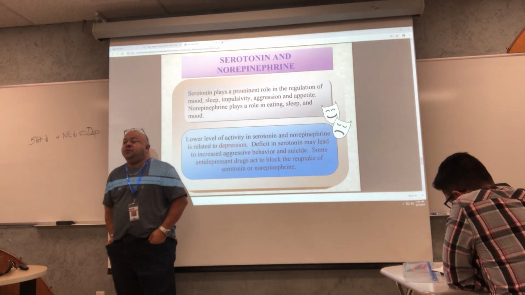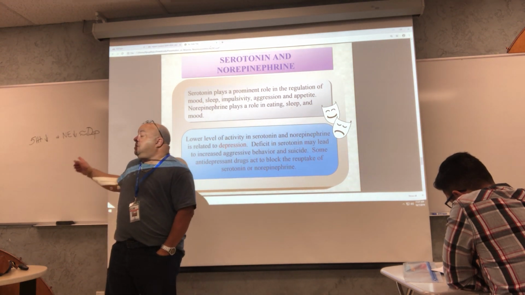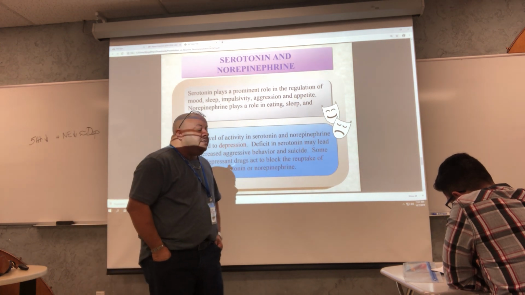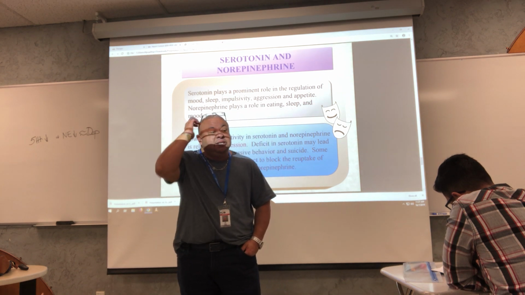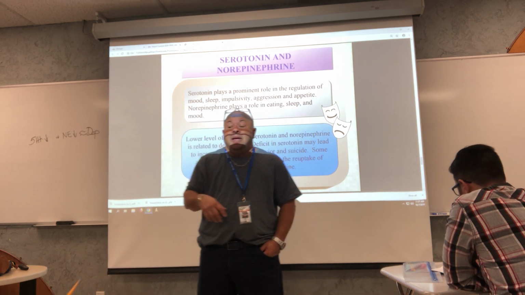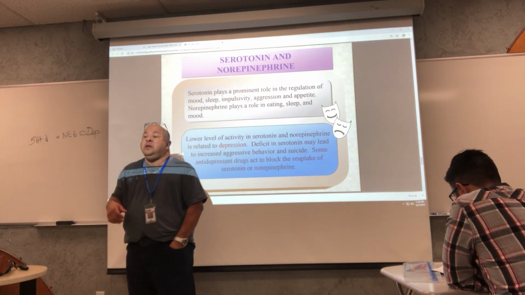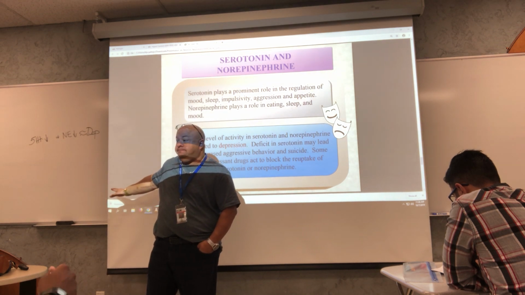So the medicines that we used to have to treat depression, what they did is they oftentimes would go in, for example, and block those enzymes in the synaptic gap. And most of the medicines, all the medicines that we had at one point, would do that for both serotonin and norepinephrine.